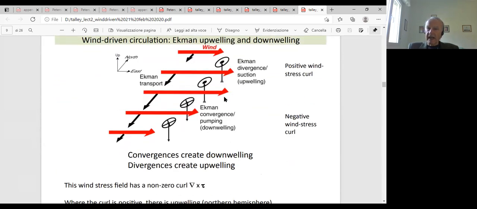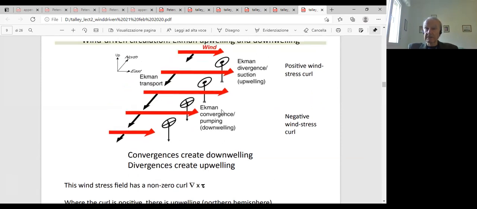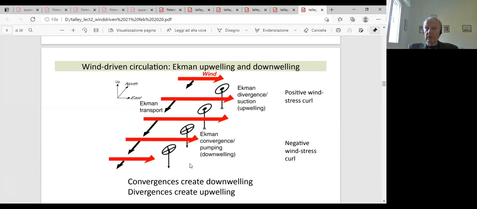In the southern part of this maximum of the zonal wind, you have the negative wind stress curl, and you have the pumping of the water downward. So you have a downwelling here and upwelling there, because the wind stress curl is non-zero. If it were constant all over the area, the wind stress curl would be zero, and the vertical velocity would be zero also.